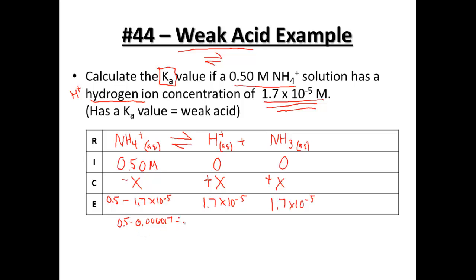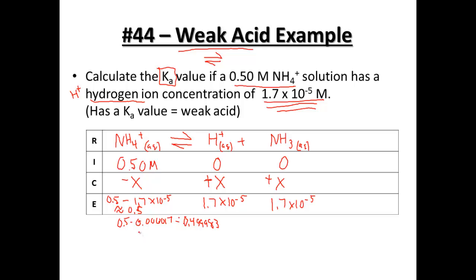Our answer here is about 0.499983. So it's approximately 0.5. What we're looking at is not much of a change. In other problems you might have to actually show the change, but for this one we're close enough sig fig wise to get back to our original amount.